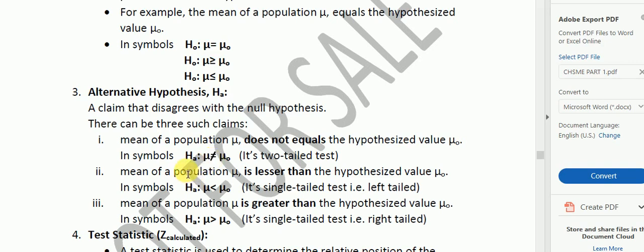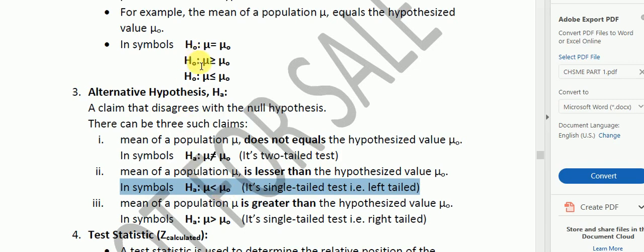On the other hand, for these kinds of null hypothesis, we have these kinds of alternative hypothesis. The mean of population mu is lesser than the hypothesized value mu naught. In symbols, the alternative hypothesis states that mu is lesser than mu naught. So this is a single-tailed hypothesis testing, because if mu is greater than mu naught, this alternative hypothesis has no significance and the null hypothesis isn't rejected.